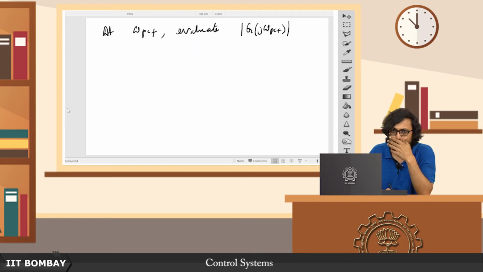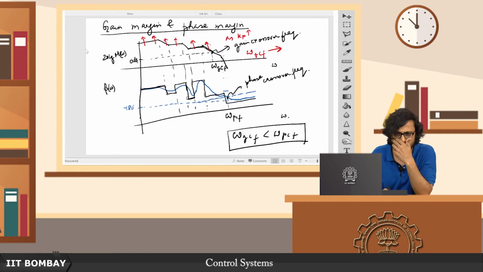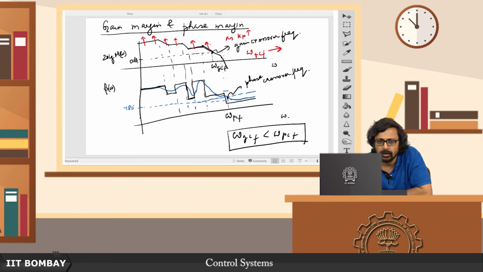But now look at this. What does this tell you? If you cast your attention back to this figure here, let me point that out. This is omega GCF and this is omega PCF.